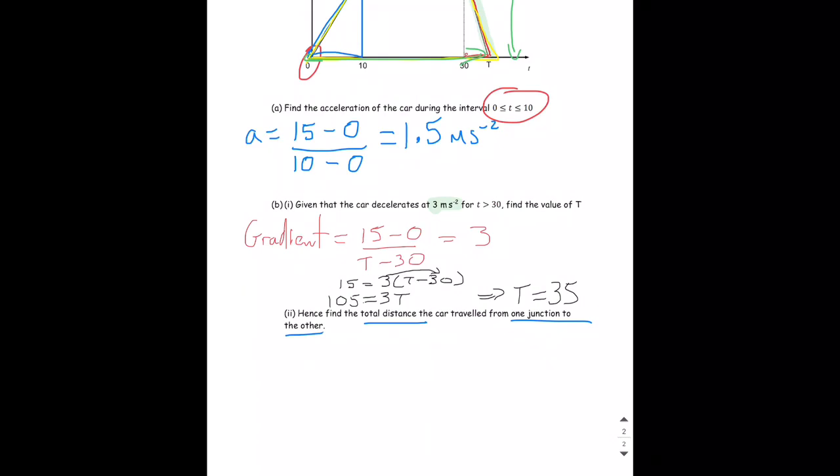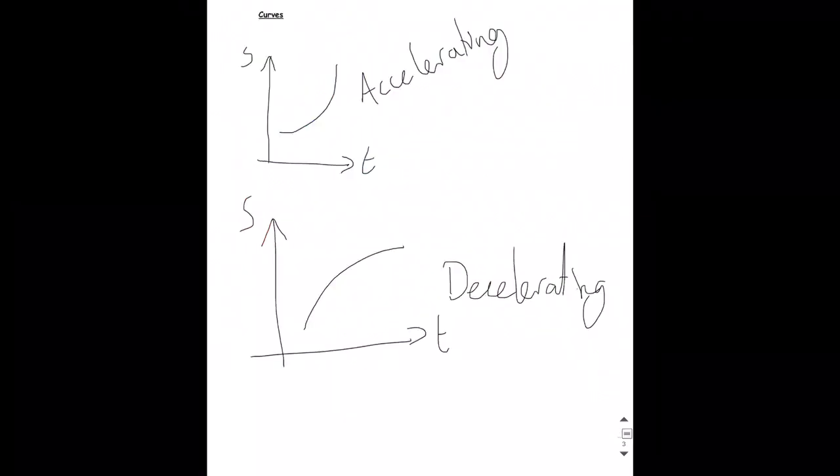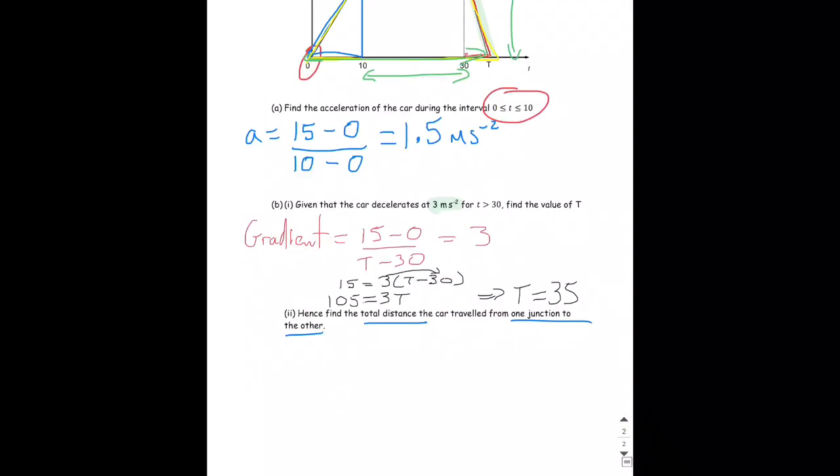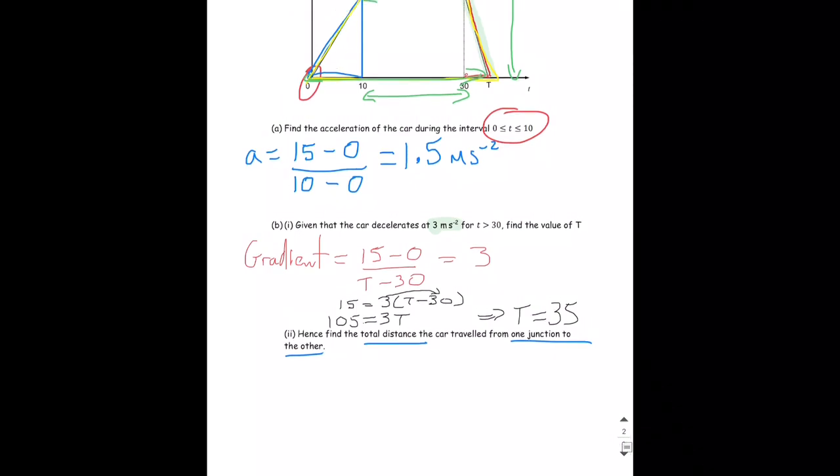Okay, so that top width there goes from 10 seconds to 30 seconds, so that's just 20 seconds wide. That's 20 wide. And then the bottom we've just worked out is 35 seconds altogether, so that's 35 wide.